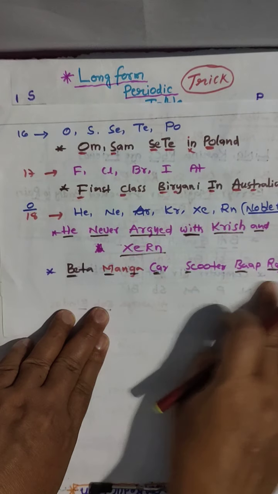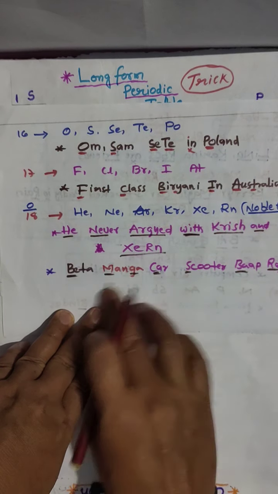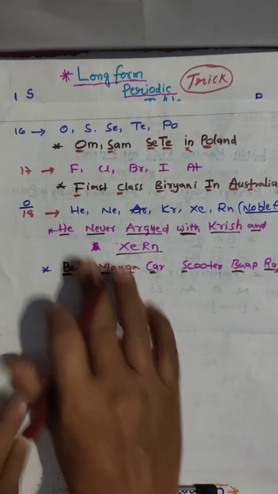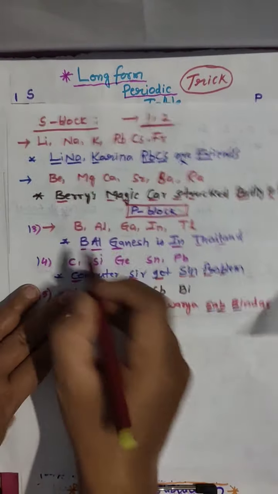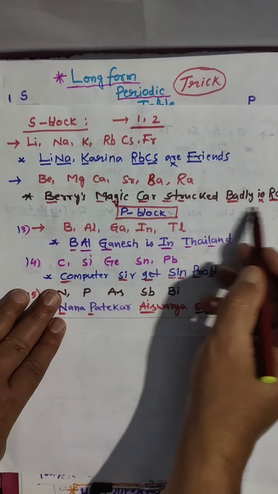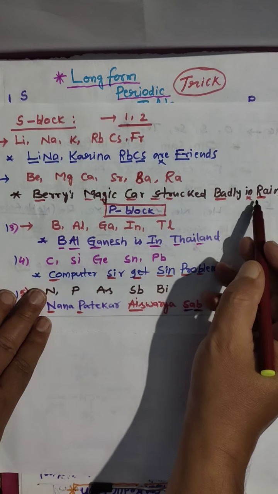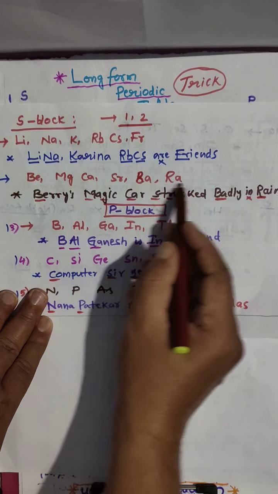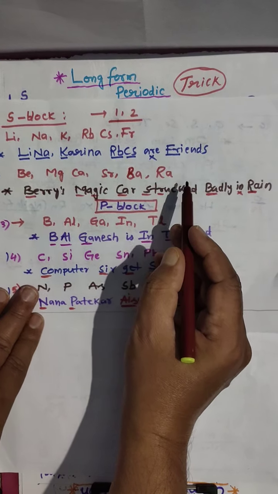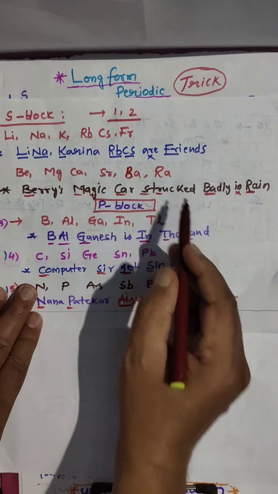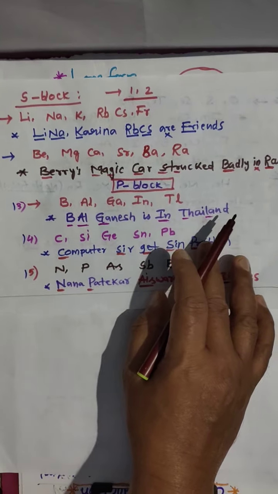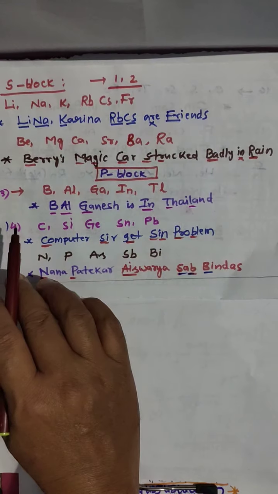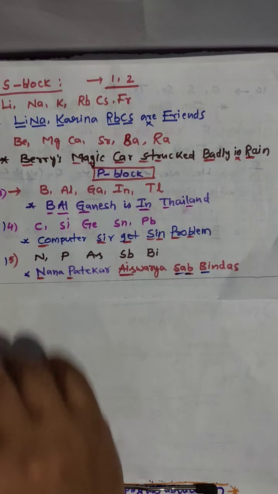In Hindi you can remember like this. Clear? Instead of Berry's magic car struck badly in rain, you can remember Beta manga car scooter Bap Razi. So if you remember this, it is easy to learn S block and P block elements.